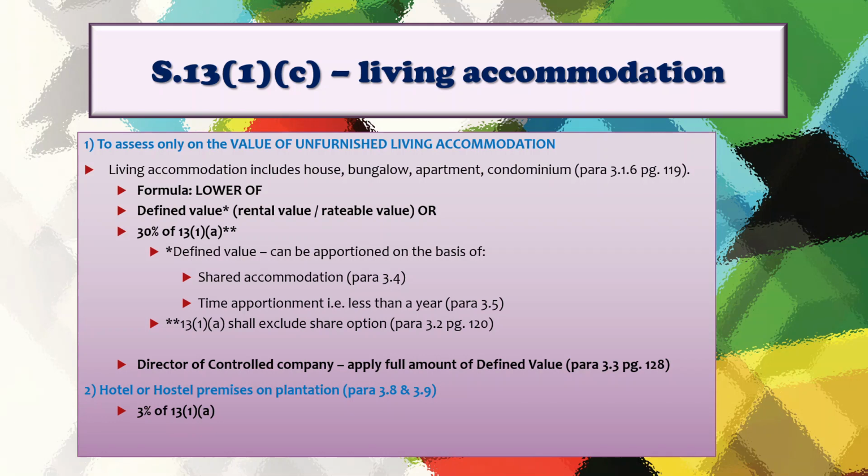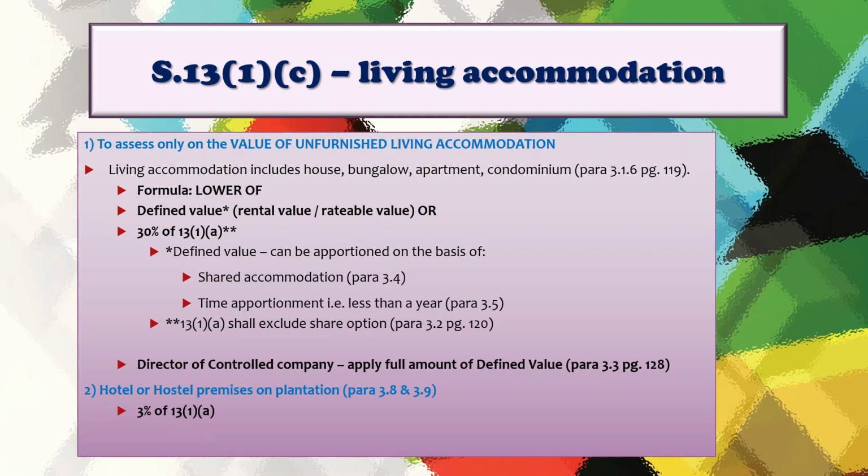Then we compare the defined value against 30% of 13(1)(a). If you can still recall, 13(1)(a) is the total of income that you receive in the form of money. To compute 30% of 13(1)(a) for the purpose of 13(1)(c), 13(1)(a) shall exclude share option.